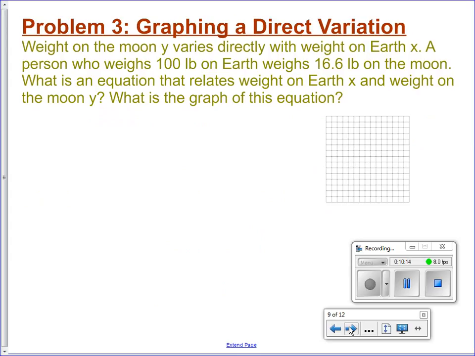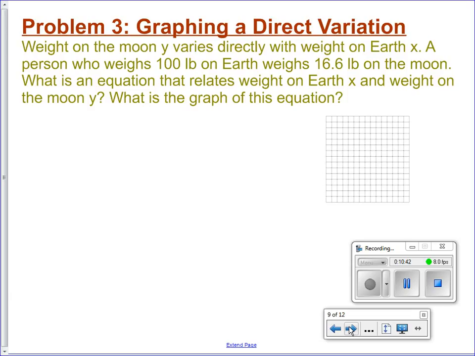Problem 3. Graphing a direct variation. Weight on the moon y varies directly with weight on Earth x. A person who weighs 100 pounds on Earth weighs 16 and 6/10 pounds on the moon. What is an equation that relates weight on Earth x and weight on the moon y?